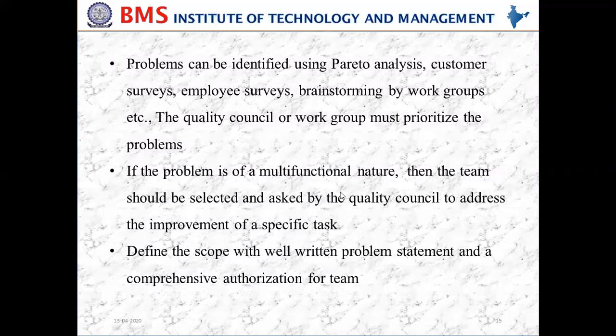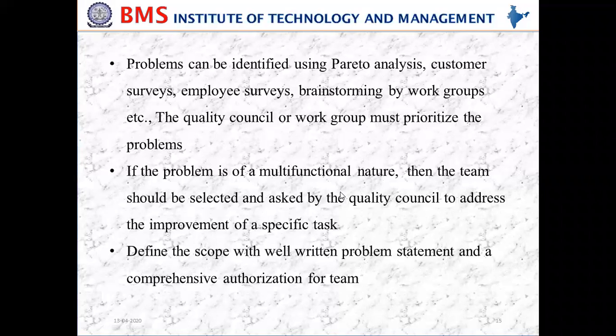As we said, the priority of the problem is very important, because some of the problems might be taken care of later, but some of the problems have to be cleared immediately. Those kinds of problems are taken utmost care of. That is why the quality council or a work group has to prioritize the problems. Accordingly, they have to take them up and find the solution for that problem.